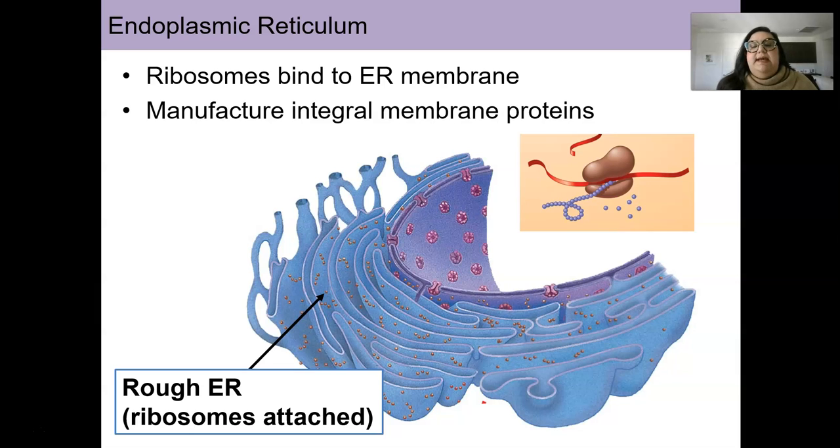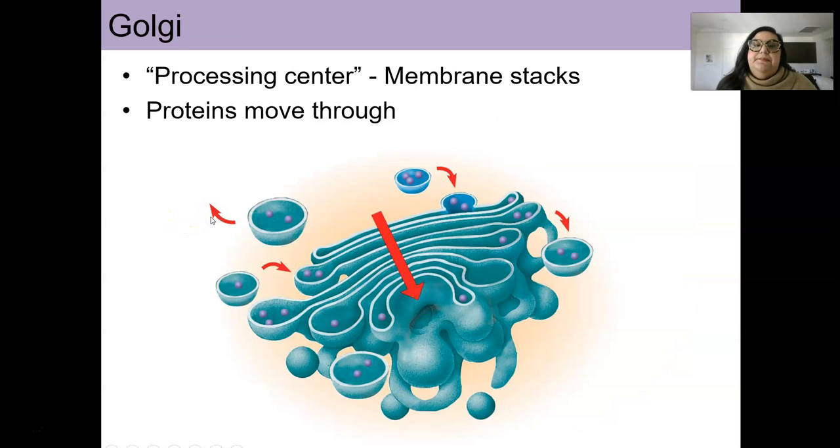So it takes the message, the information that flowed out of the nucleus, and makes proteins in the endoplasmic reticulum. Then those proteins go to a processing center, the Golgi. This is where the proteins move through and get processed.